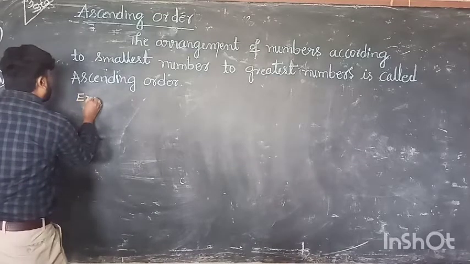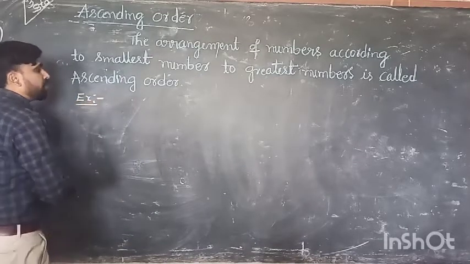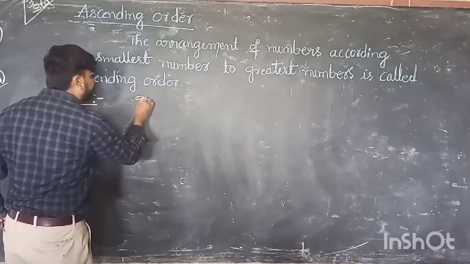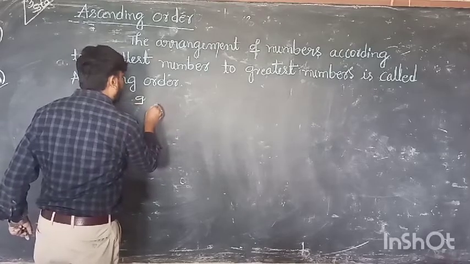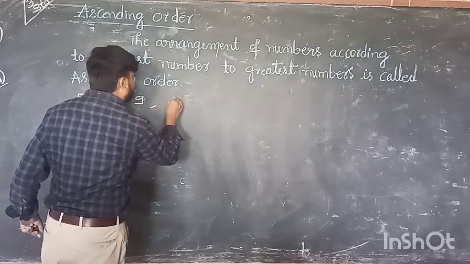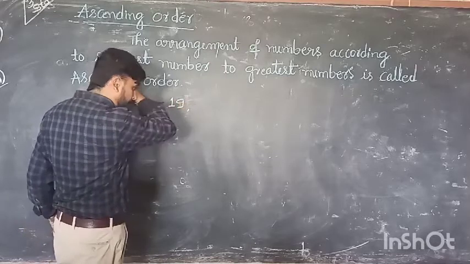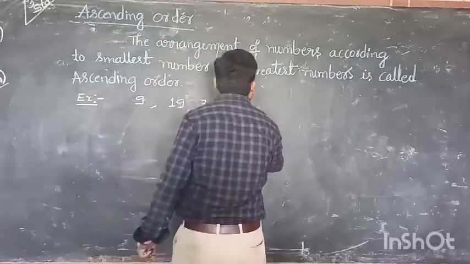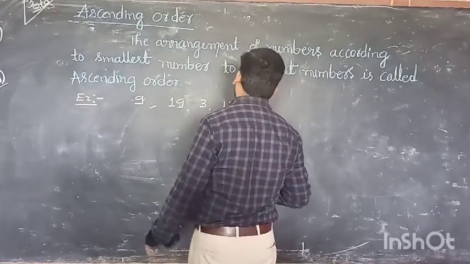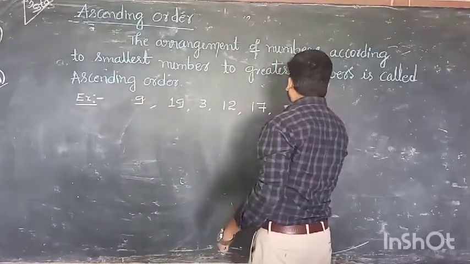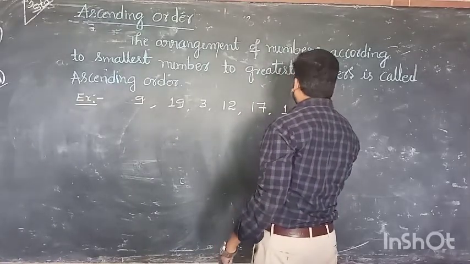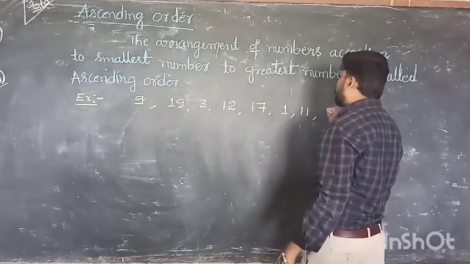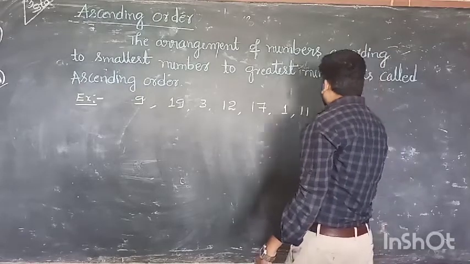Just take down one example related to ascending order. See here, regarding this I will shuffle the numbers. Now see this example.